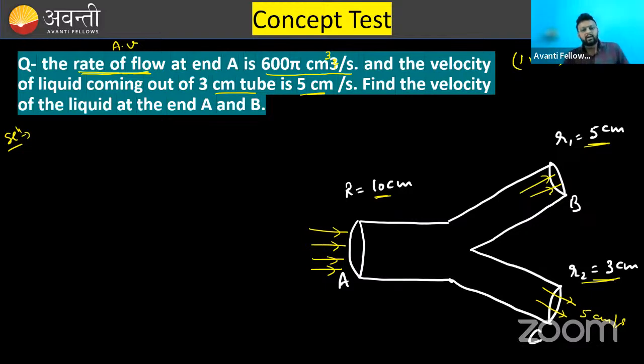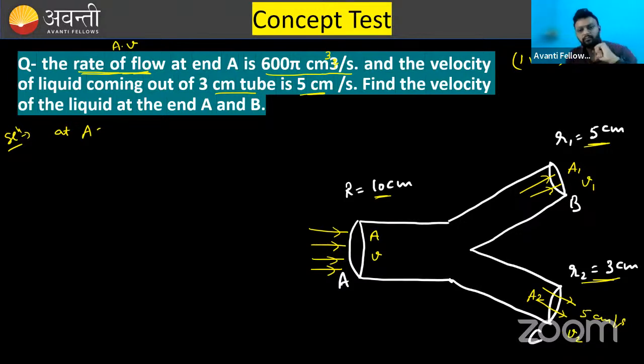So now the first thing is the rate of flow is given at end A. So I will use at A rate of flow is nothing but A into V. So let's suppose the area at this end is A, at this end is A1, at this end is A2. Velocity of fluid is V. Here the velocity of fluid is V1. Here the velocity of fluid is V2.